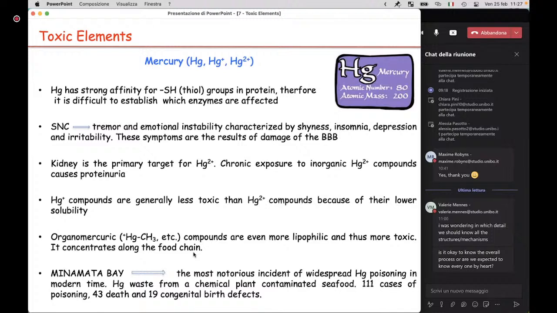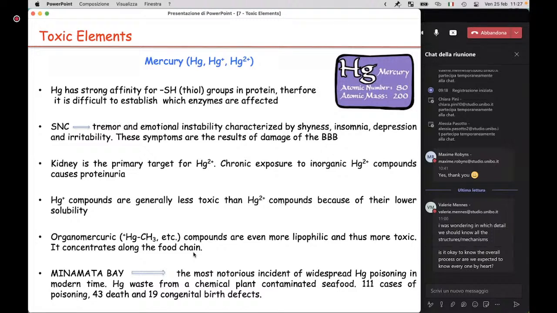Because once contaminated, you never excrete, you never eliminate mercury, unless you undergo a specific therapy with specific drugs. But of course, for animals and microorganisms in the water, it is not possible.